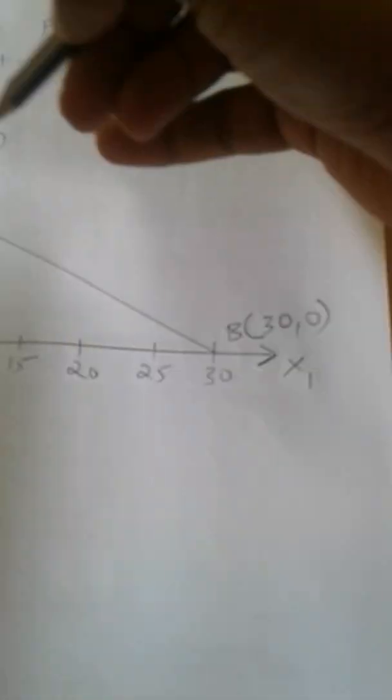Next, we have located point A and point B on the graph. We are supposed to join these two. That is what is done here. Similarly, point C was (0, 32).